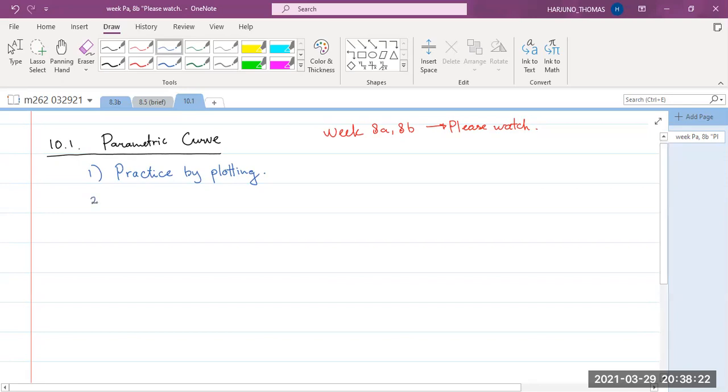Okay, and then second, we will learn to eliminate the parameter. And then after that, we will learn some important graphs and the transformation.